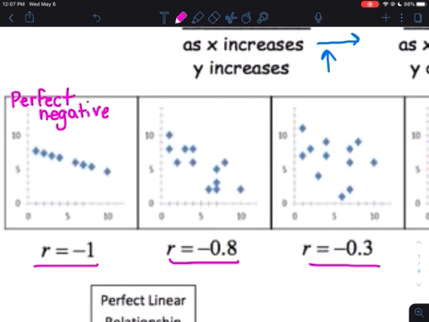That is a negative direction, as we talked about before, and we call that a strong negative correlation. The closer to -1 this number is, the stronger it is. So that's a strong negative correlation. A good correlation coefficient for that would be -0.8.